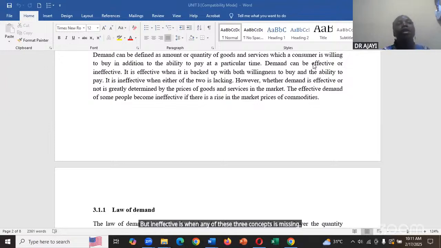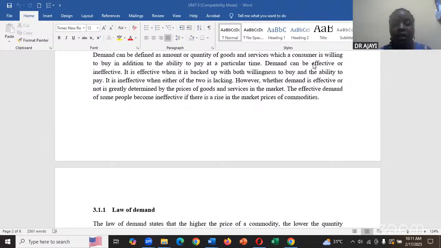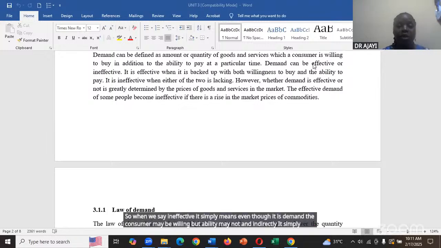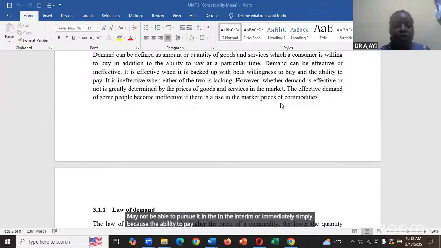But ineffective demand is when any of these three concepts is missing. When we say ineffective, it simply means that even though it is demand, the consumer may be willing, but the ability may not be there. Indirectly, it means the consumer may not be able to pursue it immediately, simply because the ability to pay for it is not there.